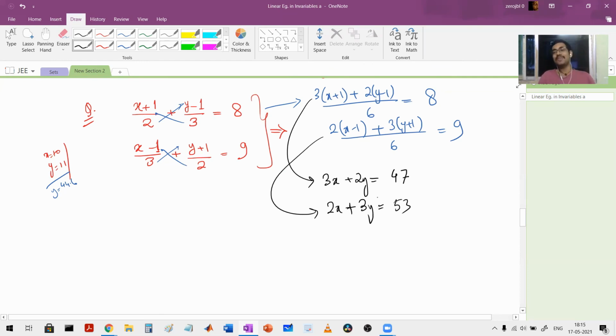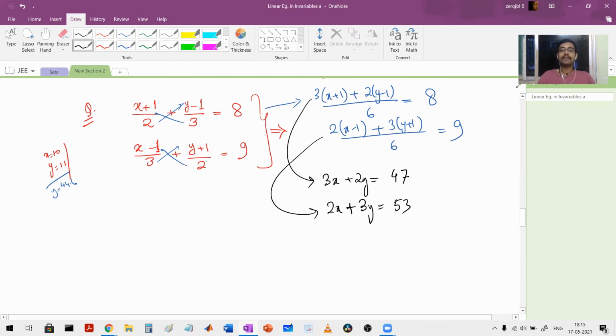So these are the two equations that I need to solve. Now see, so far you know two methods to solve a problem, that is substitution method and elimination method. But if you try to use substitution method here, you have bizarre numbers like 47, 53. This will be kind of not so nice.